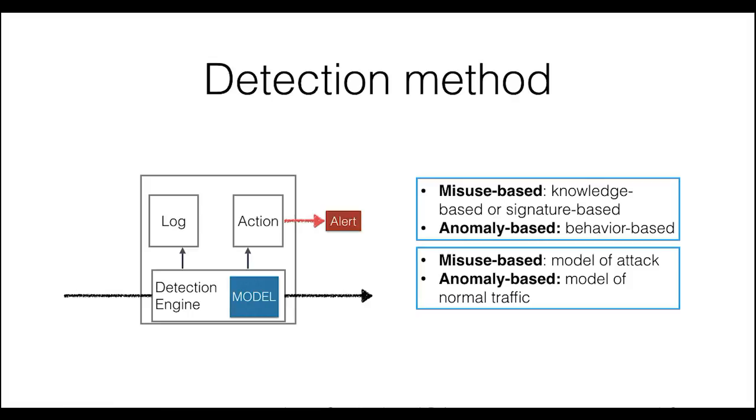On the other hand, new attacks for which no signature is yet available will not be detected. An anomaly-based IDS assumes that all traffic that deviates from the model of normality will be an attack. The advantage here is that new attacks can be detected. However, building a model of normal traffic might be complex, and of course, not all anomalies are attacks.